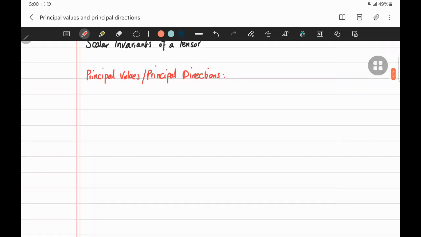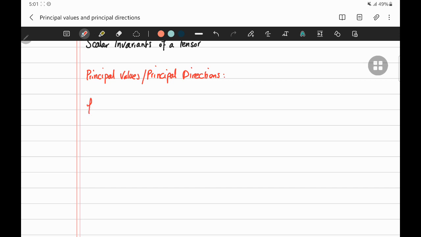We already discussed that for a real tensor, like a stress tensor or strain tensor, if it is symmetric, we have three eigenvalues, or three principal values.